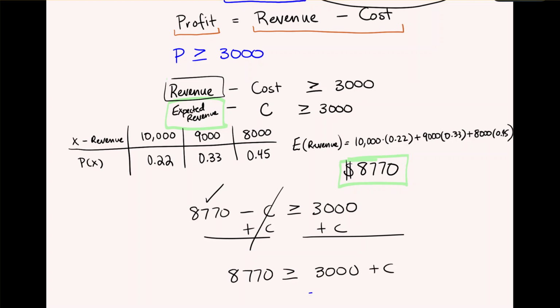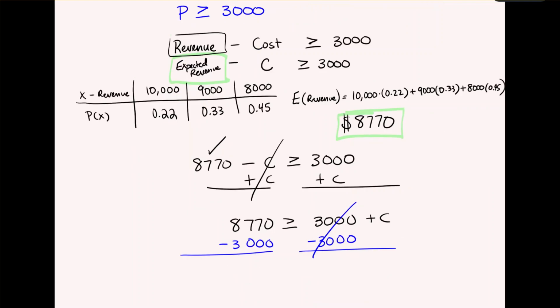Now to get cost by itself, let's subtract 3,000 from both sides. And we get that the cost paid should be less than or equal to 5,770.